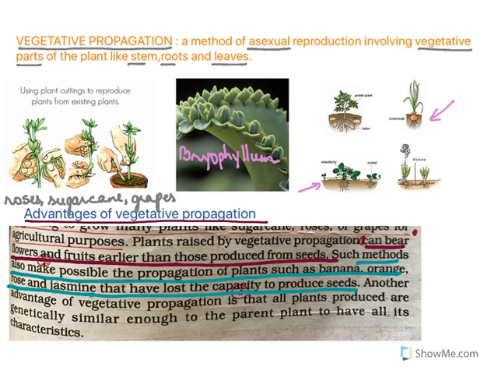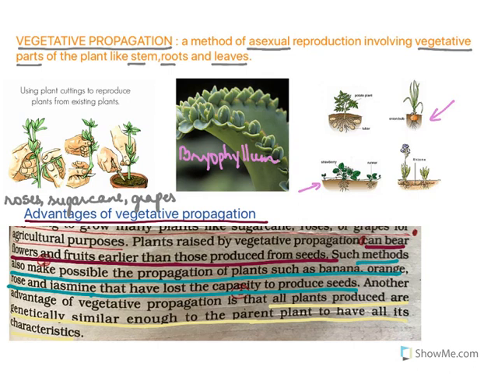Another important advantage of vegetative propagation is that all plants produced are genetically similar enough to the parent plant to have all its characteristics. So for example, if we have an apple tree that produces juicy apples and we want to have an orchard of such apple trees with the exact same characters, here we will use vegetative reproduction, not sexual reproduction, which we will learn later.